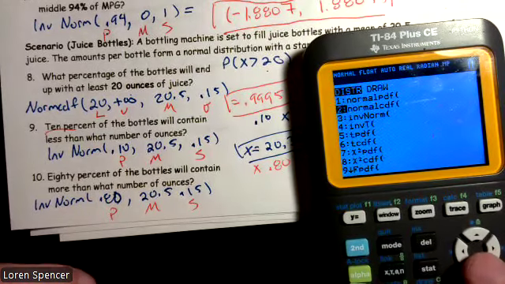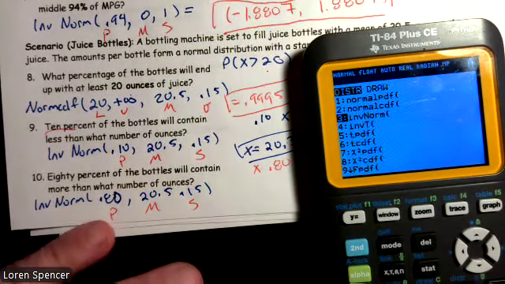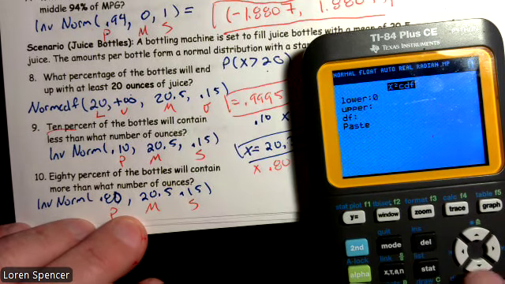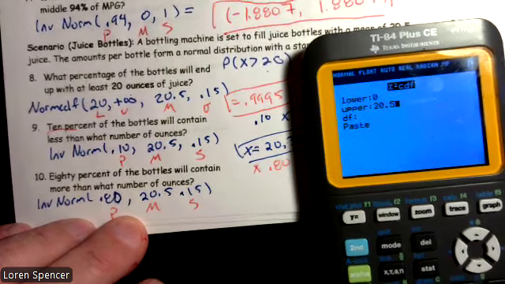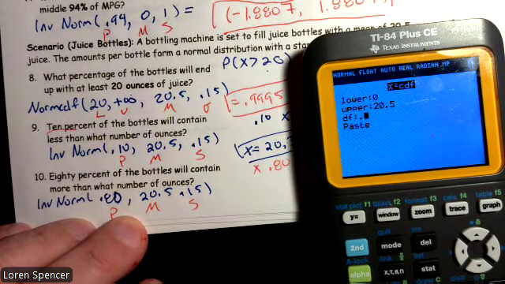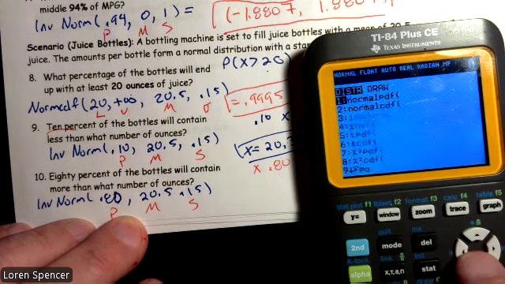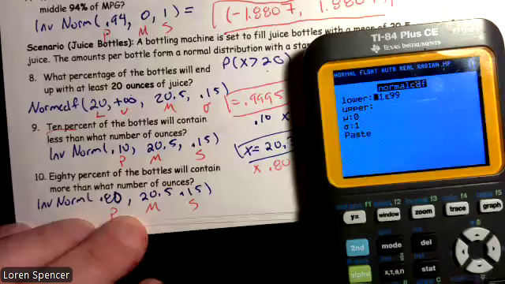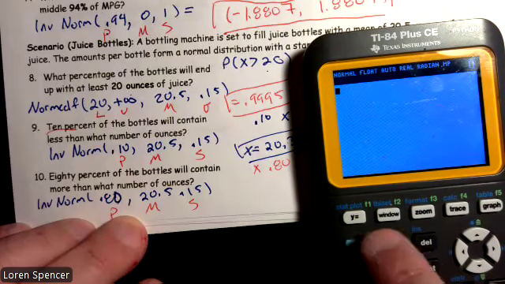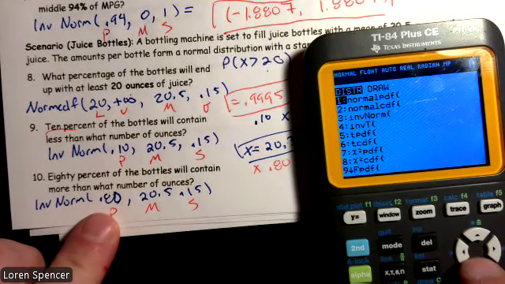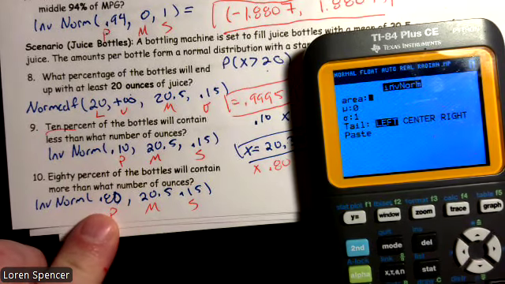Second VARS, inverse norm, P 0.8, mean 20.5, standard deviation 0.15. Oops, I went to the wrong spot on the calculator. I'm not sure what happened. Second VARS, norm CDF, excuse me, quit. Second VARS. They gave us a percent, so we have to go to inverse norm.